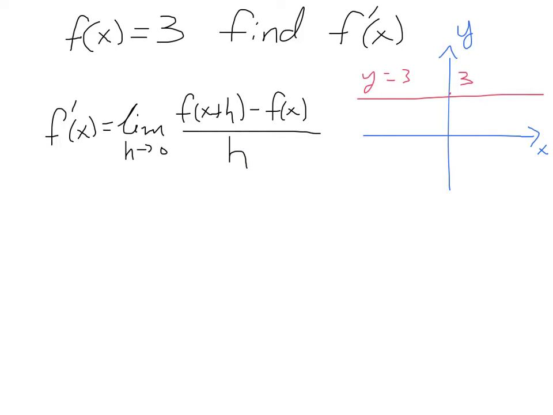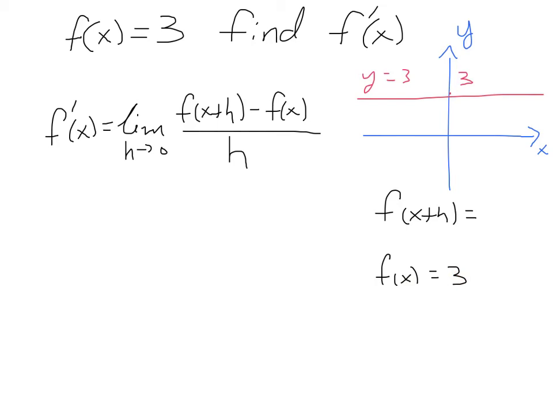All right, so let's do a little side scratch work here, and we have f of x plus h, and we have f of x equals 3, right? So what happens to f of x when we substitute x plus h in for x here? Well, it just keeps spitting 3 back, okay?